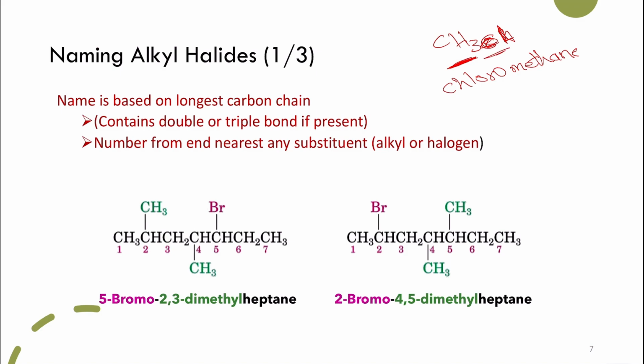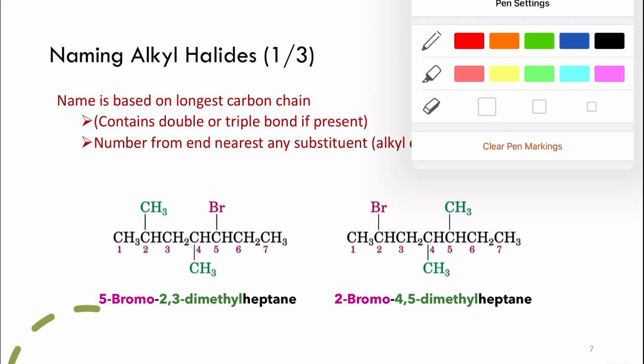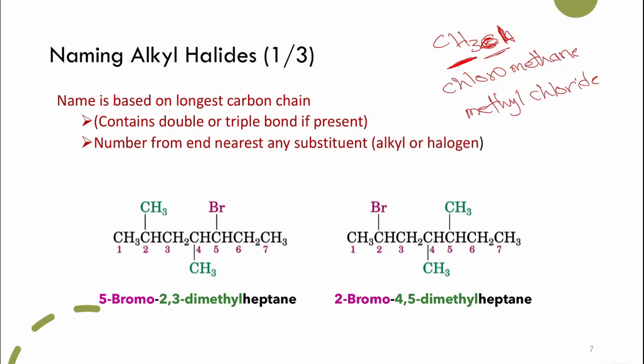Another way is to take it the other way around, where we consider the methyl group as a substituent, or as an alkyl group, and then we consider the parent name as the halide itself. So we will call this methyl chloride.